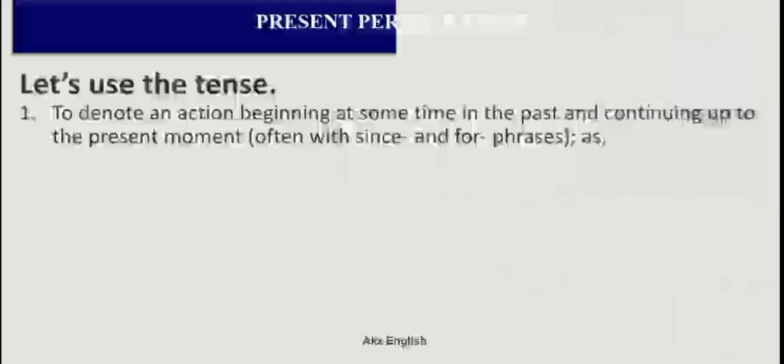The next is, let's use the tense. So now we will be looking at the different usages of the present perfect tense. The first use of the tense is to denote an action beginning at some time in the past, meaning it started at some time in the past, and continuing up to the present moment, so until the actual current time that action continues, often with since and for phrases.